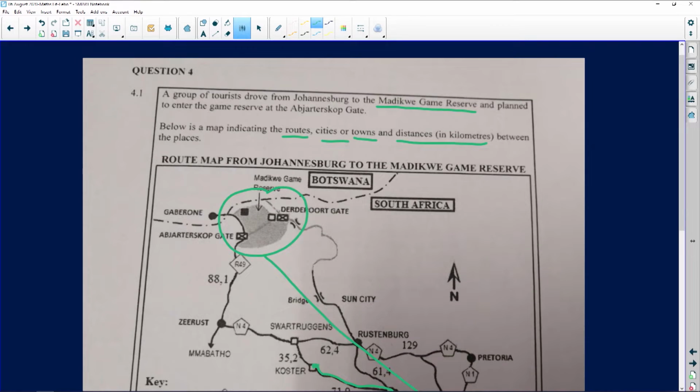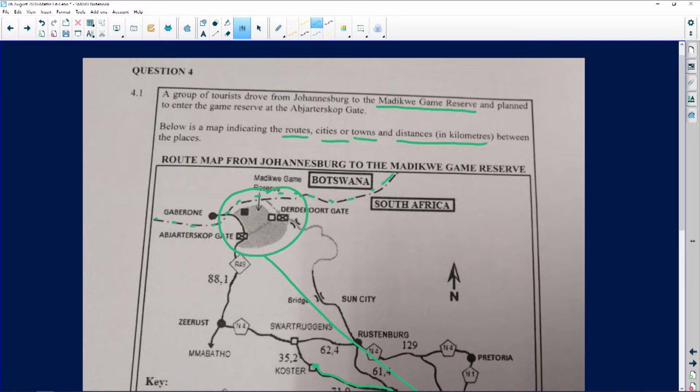And the next question now says to us, state what the broken line represents on the map. Let's go and look for the broken line so we can see what exactly it is that they are speaking about. And did you see they didn't give us a key of the broken line? So it means that it's something that we have to go and figure out by ourselves. So I see a broken line over there. That's the broken line all the way going there.